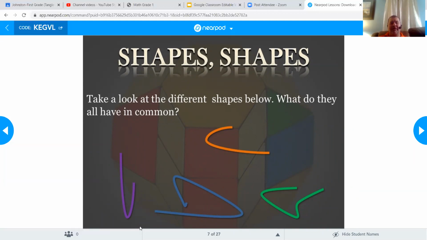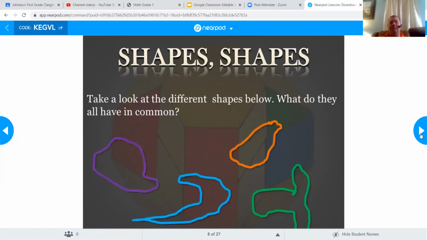So take a look at the different shapes below. What do we notice that all of these shapes have in common? Are they closed or are they open? All of these shapes are open shapes. Now, take a look at the different shapes below. What do you notice that all of these shapes have in common?